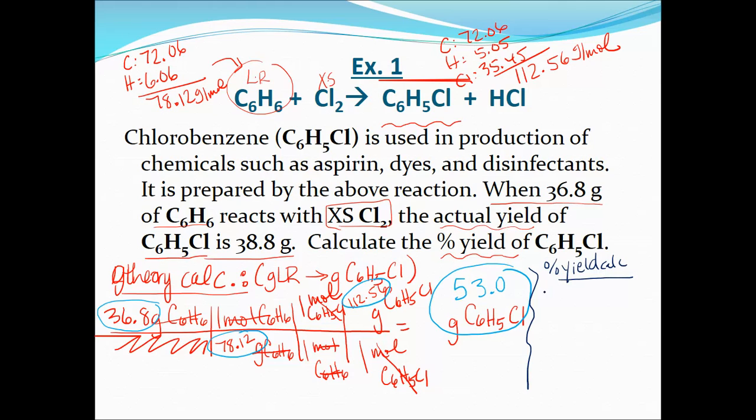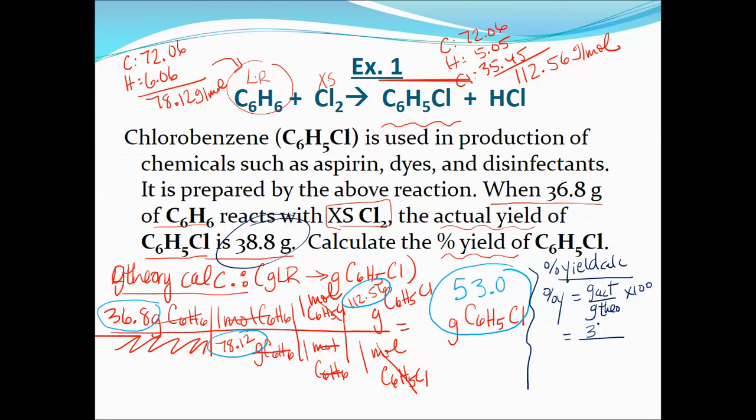All right, so the formula for percent yield, I'll put percent Y, is grams actual divided by grams theory times 100. So grams actual, they actually told us that. The actual yield of the C6H5Cl is 38.8.